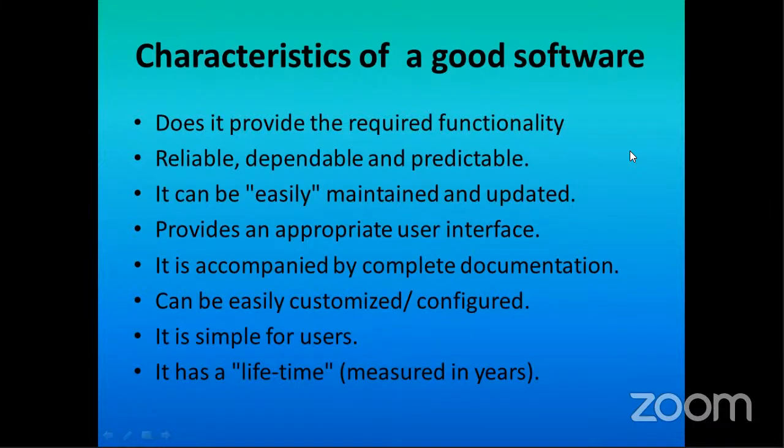Reliable, dependable, and predictable. For example, some of you have touched computers, you have used software like Microsoft Word. You are sure that you are going to rely on Microsoft Word to make documents, to make letters, and you know that you can depend on it.